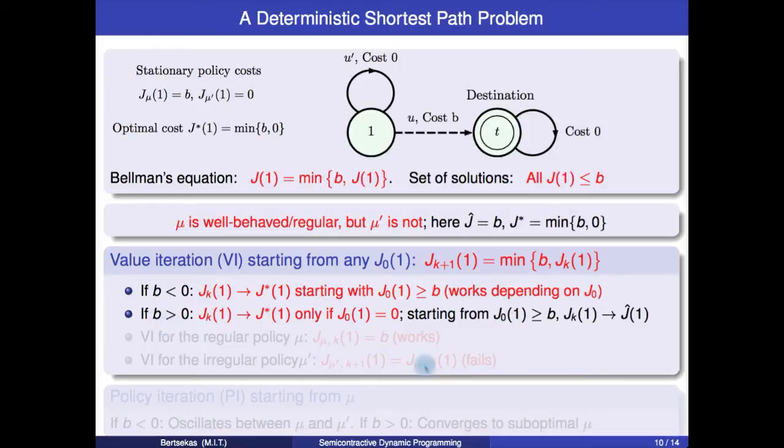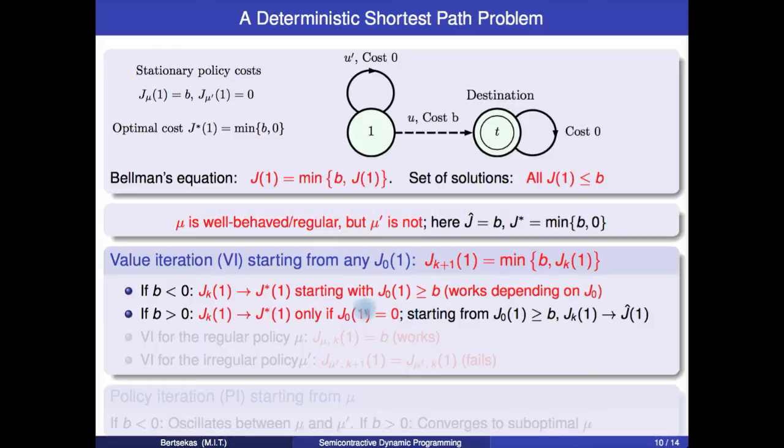If b is greater than 0, then we have a set of fixed points that extends from b all the way to minus infinity, and J star is somewhere in the middle of this interval, and starting at any initial value less than b is going to keep you at that value. So the only way you can converge to J star is if you start at J star.